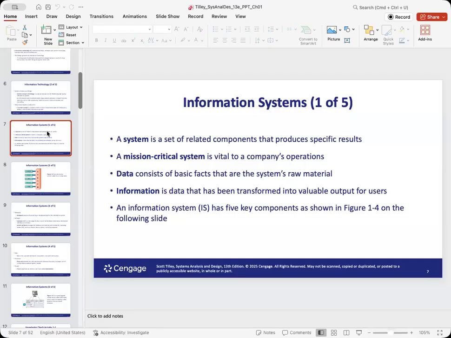And then we also have what we call a mission critical system, which is very vital to a company's operation. A mission critical system enables you to understand what activities need to be performed in order for a company or a system to be sustained. Whenever a company develops, let's say, a network, there must be what we call a critical system.